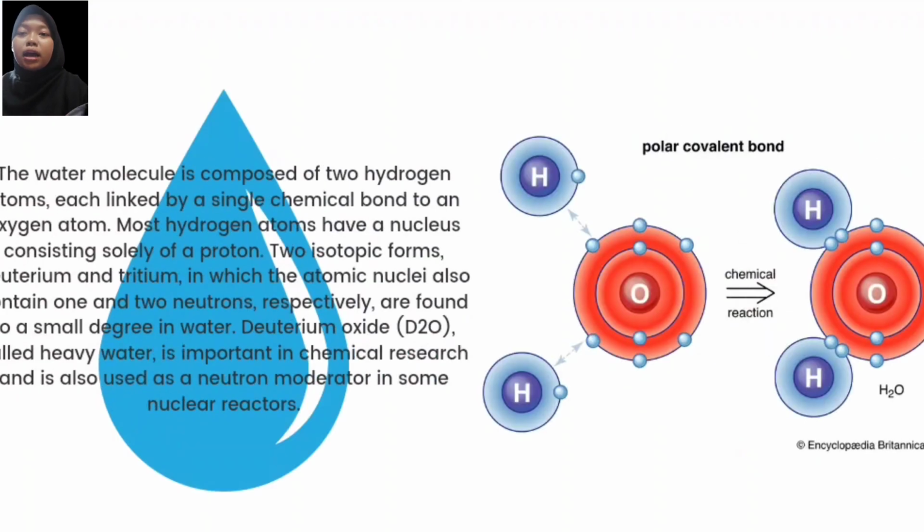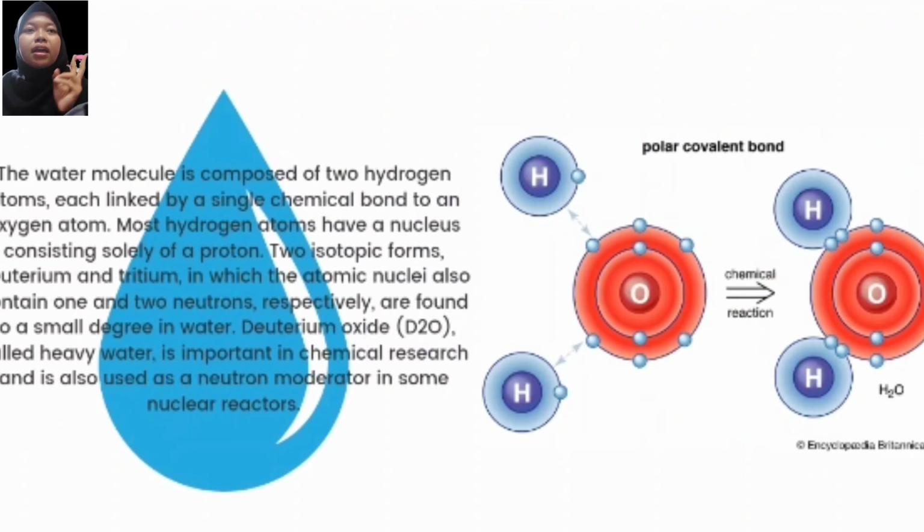So, right now, we want to talk about the polar covalent bond for water. It's H2O. The water molecule is composed of two hydrogen atoms each linked by a single chemical bond to an oxygen atom. Most hydrogen atoms have a nucleus consisting solely of a proton.